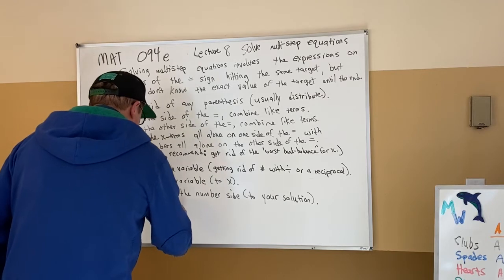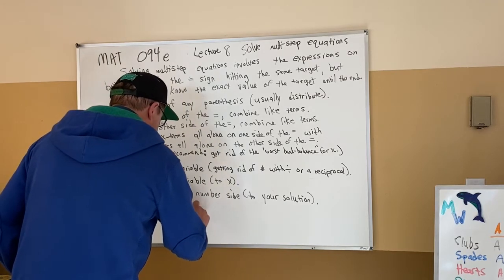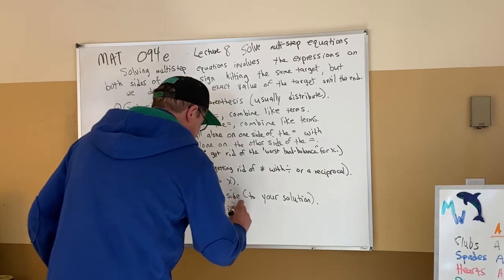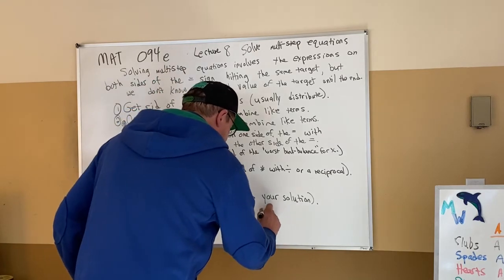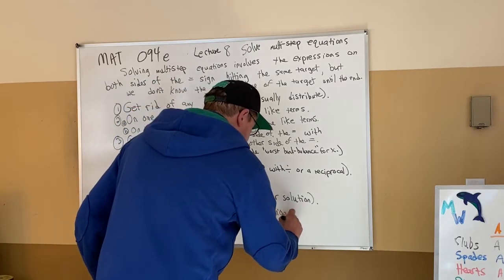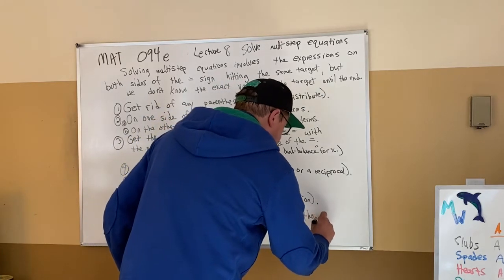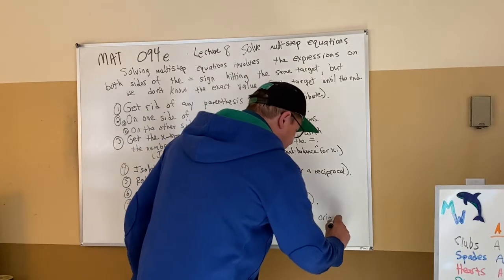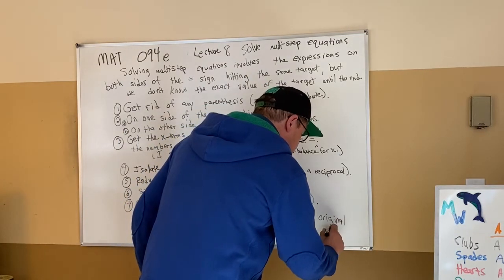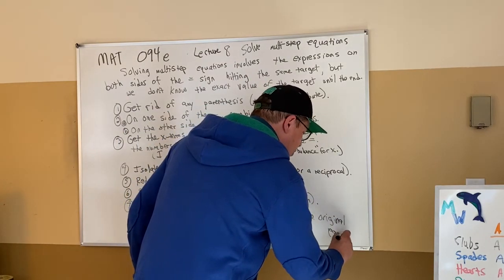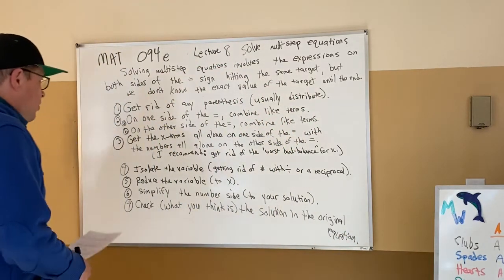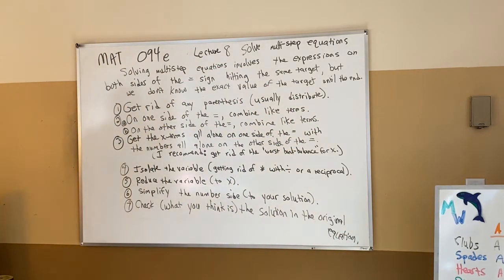Check what you think is the solution in the original equation. Not your favorite, not the one you worked hard for. It's got to be in the original equation, because a solution is only worth anything if it works in the original equation. So I'm going to take you through this process.